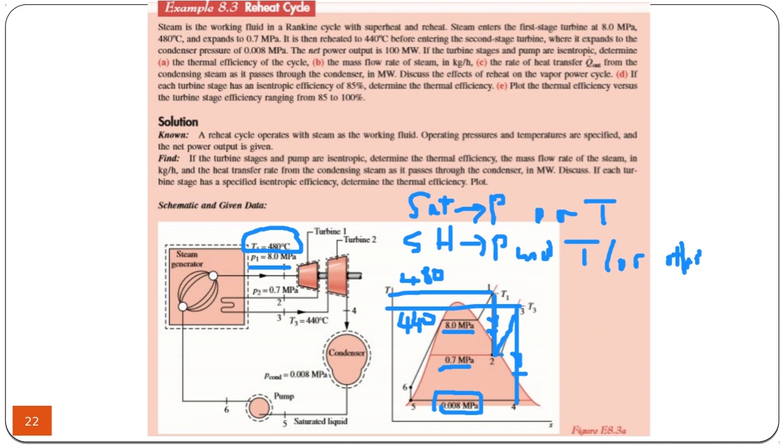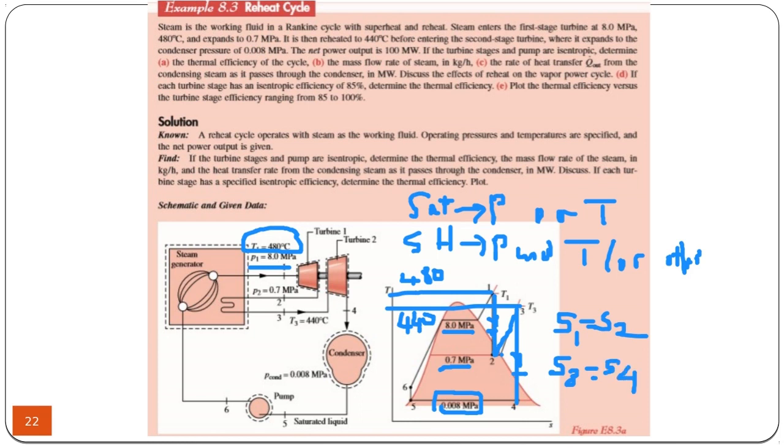So S1 is equal to S2, S3 is equal to S4. We can write the equality of the entropies: S1 is equal to S2, it's an isentropic turbine without irreversibilities, and S3 is equal to S4. We are going to use them to find the properties at the exit of the turbines.